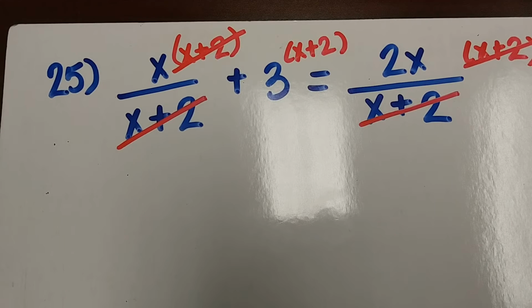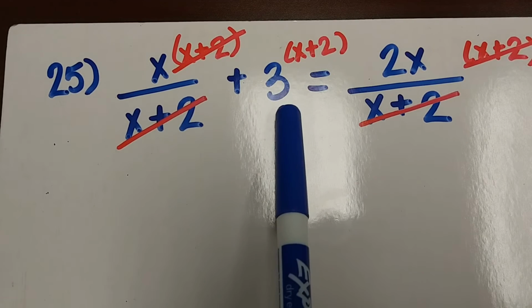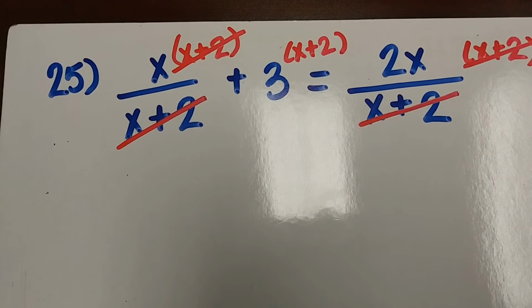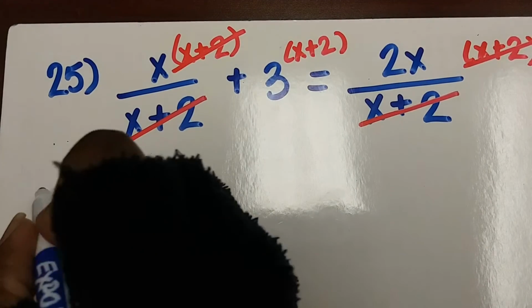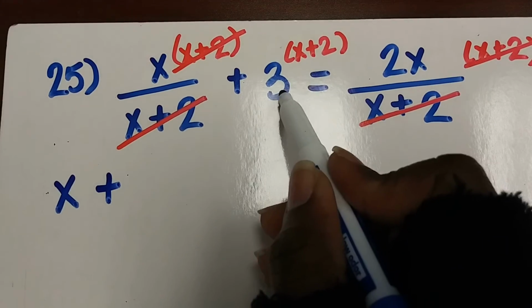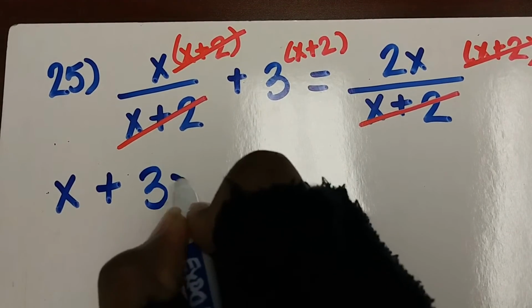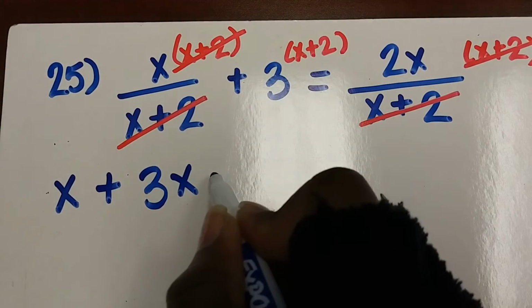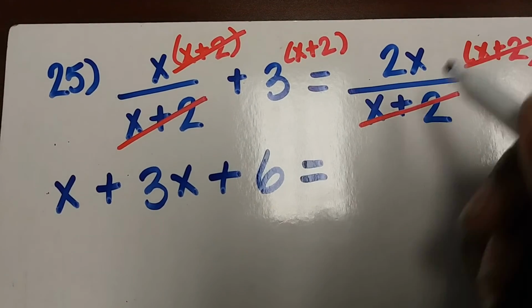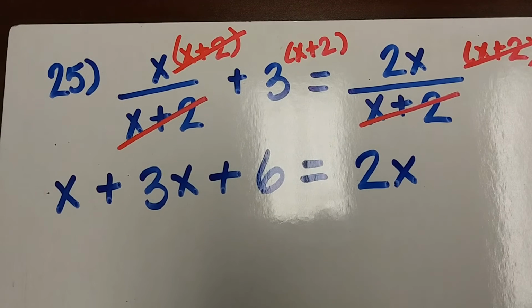If it's not top and bottom, don't cancel. So if you notice here, I didn't cancel because there was nothing in my denominator to cancel out with the x plus 2. Clean up the problem. I am left with x plus, 3 times x is 3x, 3 times 2 is plus 6, equals, what is left over is 2x.